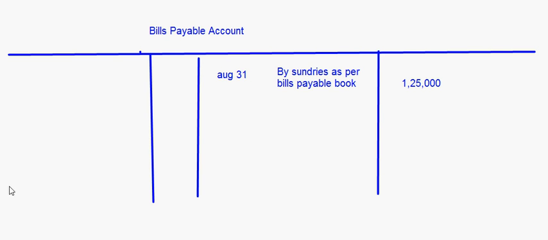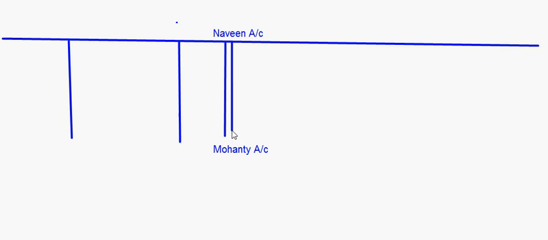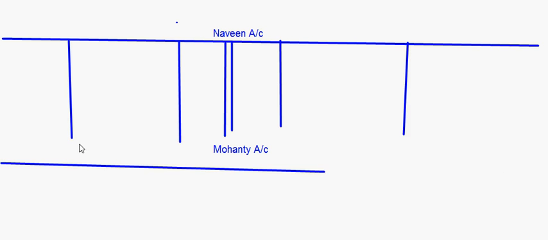Now for the other two accounts, that of Naveen account and Mohanty account, you will write on the debit side with proper dates, date, particulars, amount, for both the individuals.